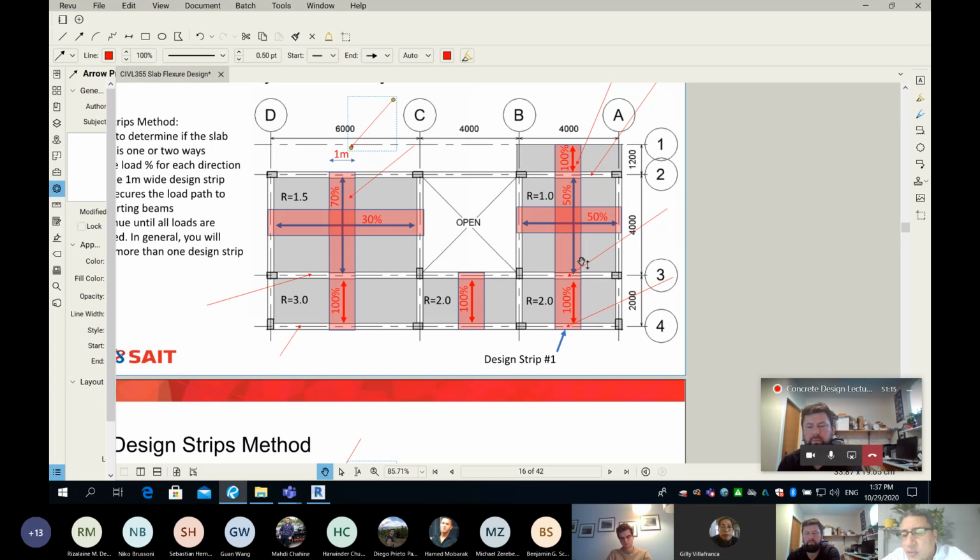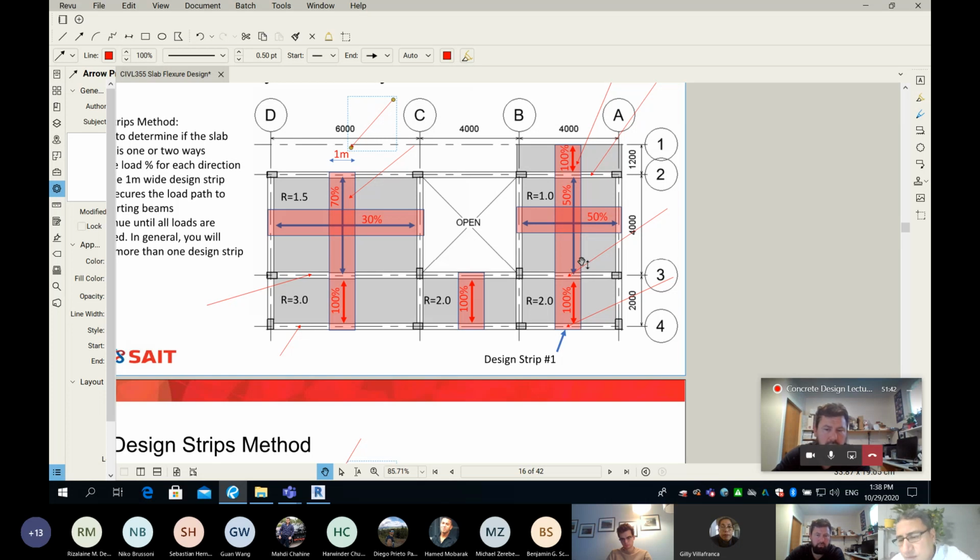When you find your moment, this moment will be acting on those 2-meter wide strip. And then when you find area of steel, you put it in those 2-meter wide strip. You can take a 4-meter wide strip, and you will find the load on the 4-meter wide strip, the moment will be on the 4-meter wide strip, and the area of steel will be in those 4 meters.